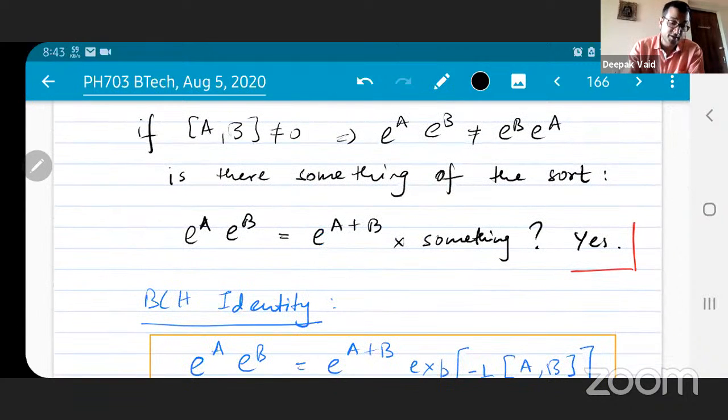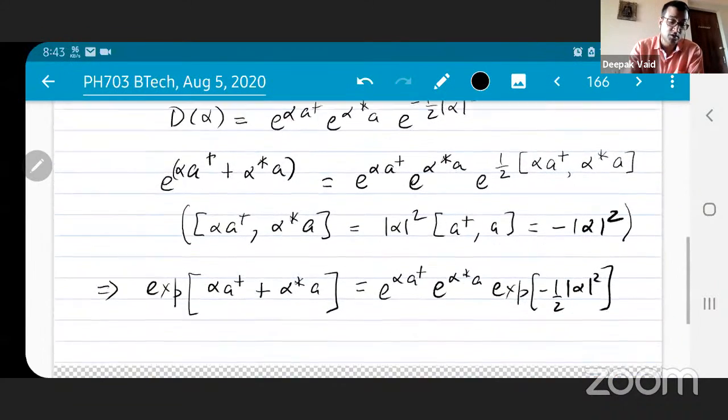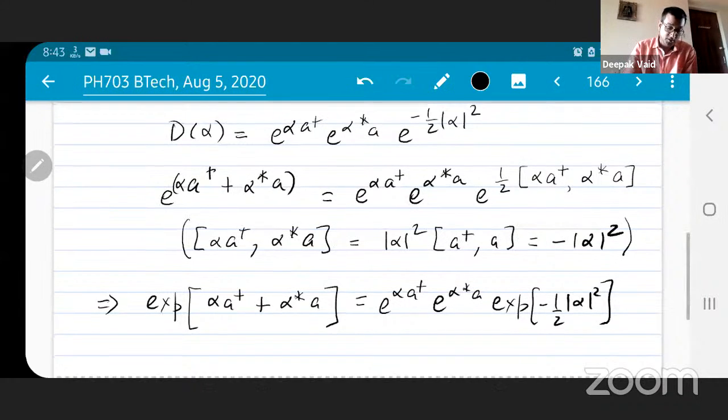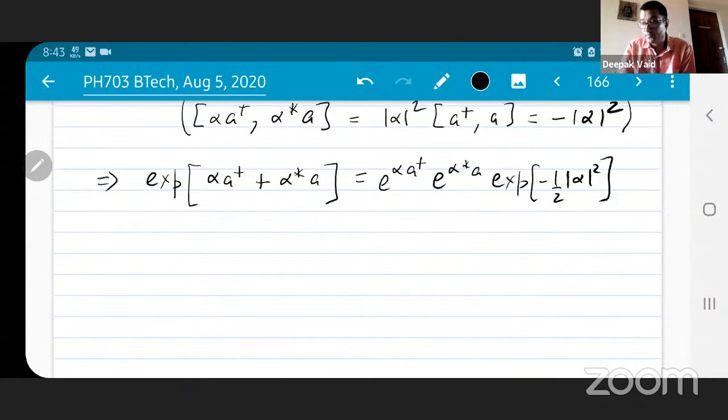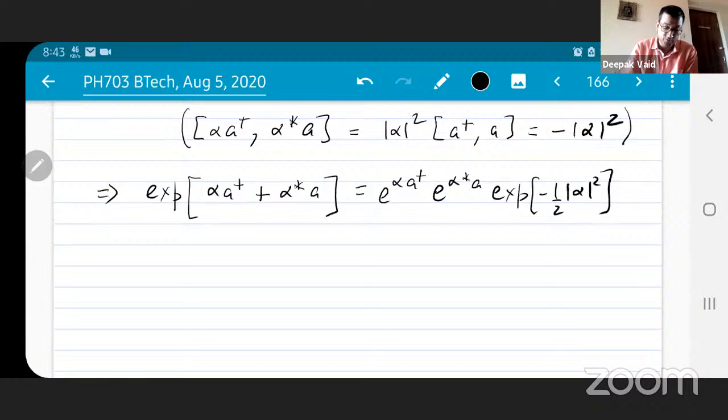So if you write it in this way, you'll get the exponent of A plus B like this. Yeah, no, this is fine. Okay. And now there is another way to write it.